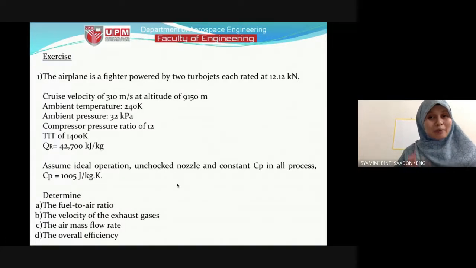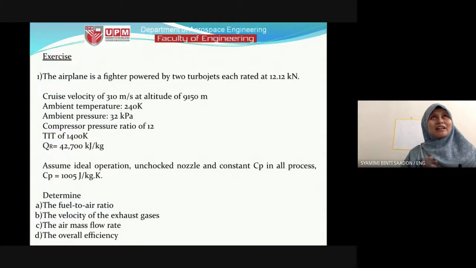Unchoked nozzle. Remember, I've explained unchoked nozzle, choke, unchoke. This has something to do with the Bernoulli principle also. Some of you have done a thermofluid lab about the Venturi.